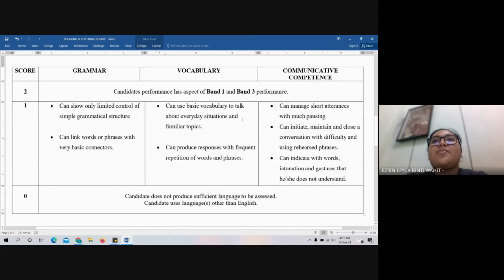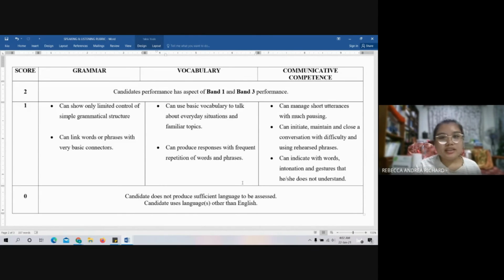And lastly, for communicative competence, the students in level 1 can manage short utterances with much pausing, can initiate, maintain, and close a conversation with difficulty using rehearsed phrases. They can also indicate with words, intonation, and gestures that he or she does not understand.